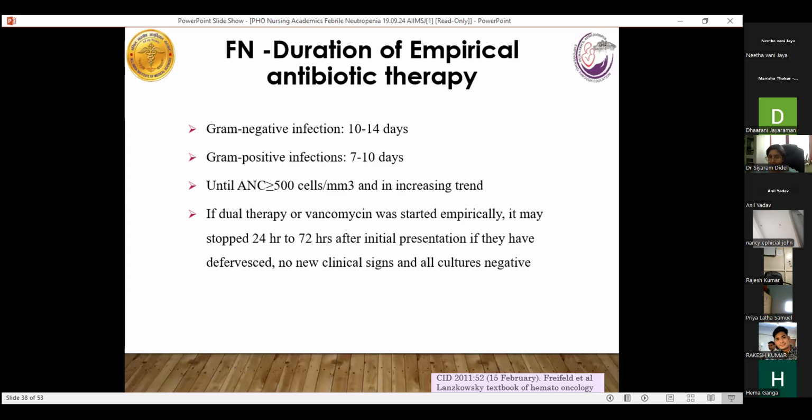In gram-positive infections, the recommended duration is 7 to 10 days, or until ANC is more than 500 or there is a rising trend. If dual therapy or vancomycin was started empirically, it can be stopped 24 to 72 hours after initial presentation if the fever has subsided, there are no new clinical signs and symptoms, and all the cultures are negative.